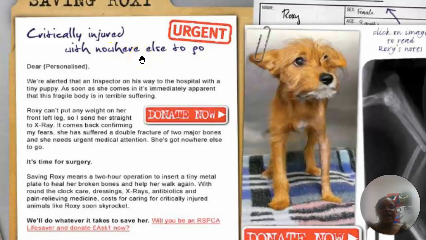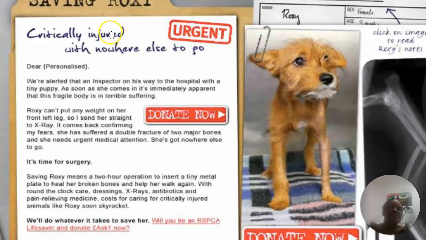Then, like I had suggested earlier, you need to zoom in on the words. So, critically injured, what is suggested with the phrase critically injured with nowhere else to go? These are very emotionally charged phrases, and there is the connotation of desperation and helplessness.